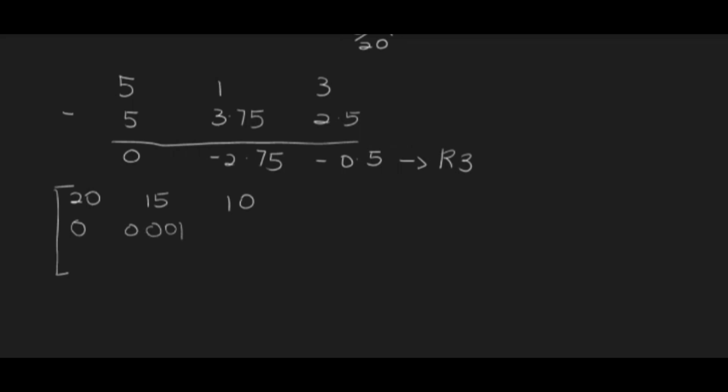Then our new row 3 will come 0, negative 2.75. Then you have our negative 0.5.